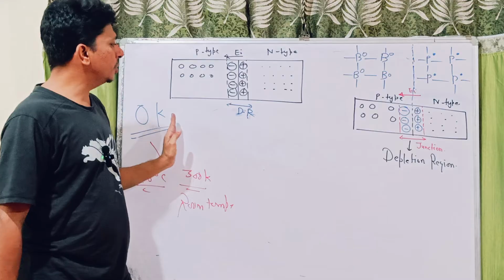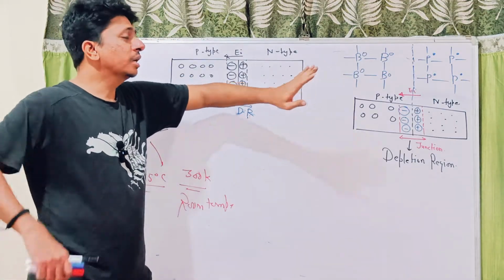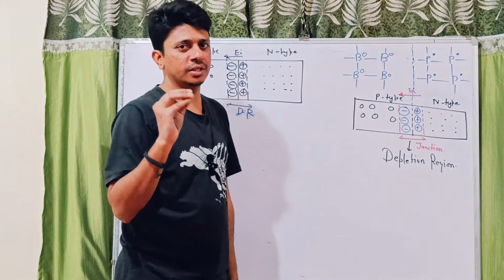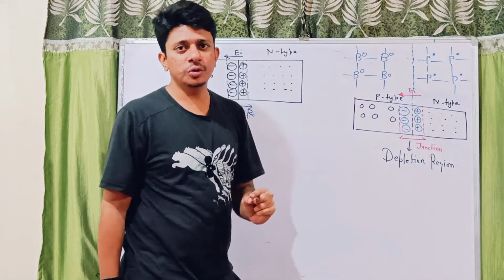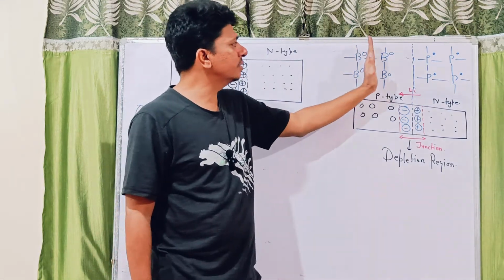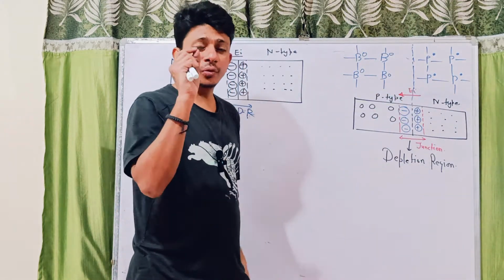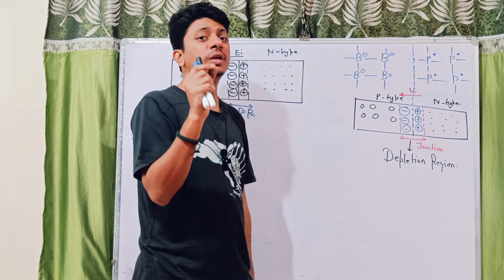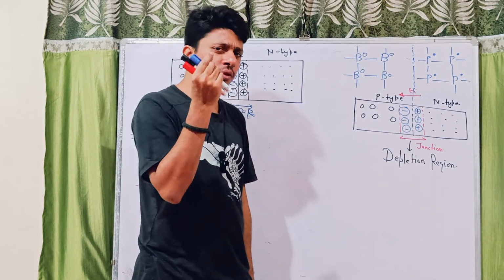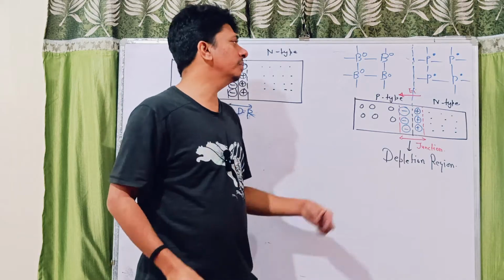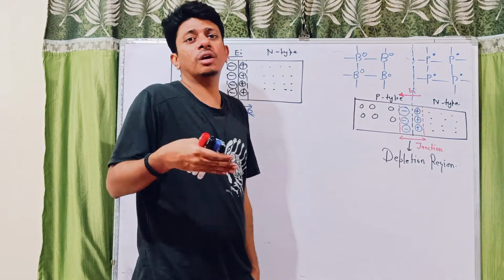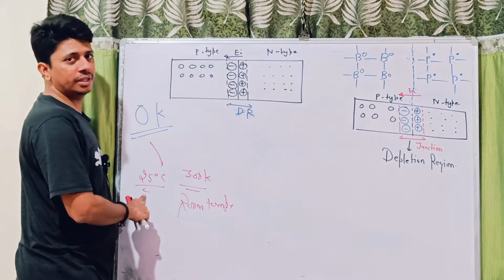Yes. Now, at room temperature, there is a possibility that in this region and in this region a few covalent bonds, the weak covalent bonds, will get broken by absorbing the temperature of 25 degrees centigrade.